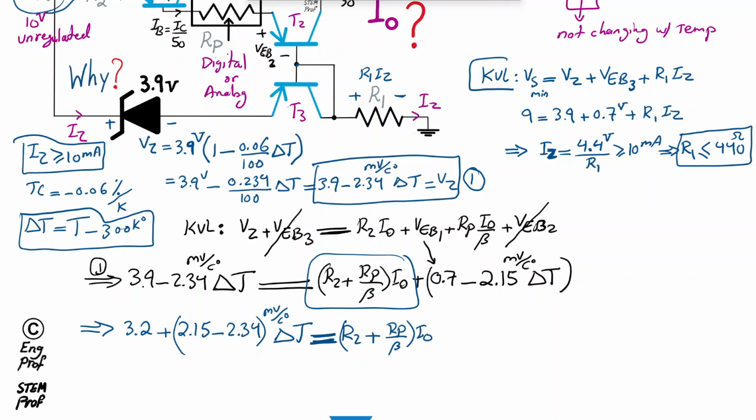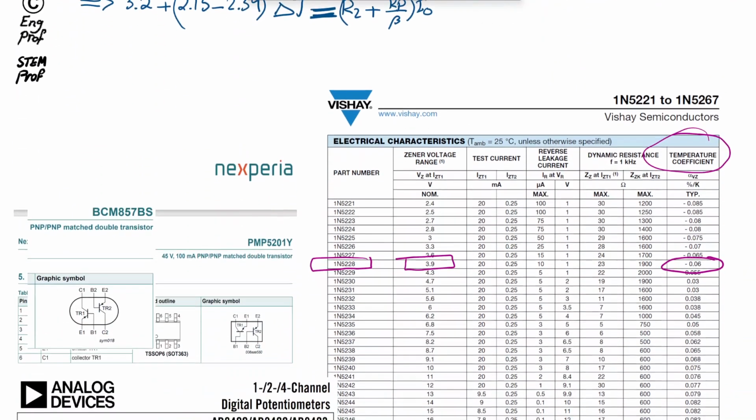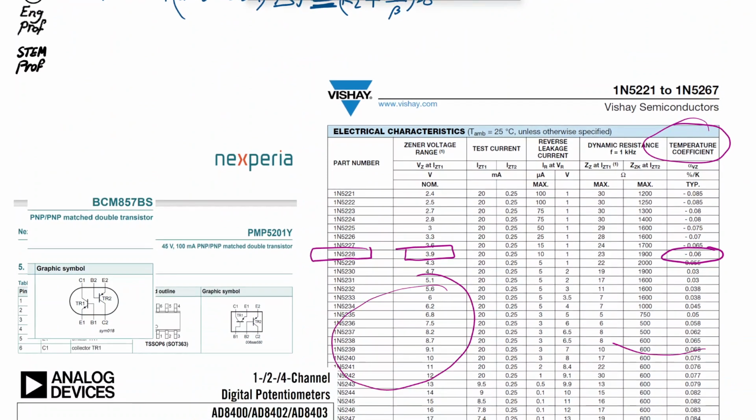Okay, so that was the whole goal, meaning T2 and T3, the emitter base voltage of these two matched PNP BJT transistors, they sort of cancel out each other. So the temperature dependency of these two are compensated by each other. Now, the negative temperature coefficient of BJT transistor 1 effectively is compensated by negative temperature coefficient of the Zener diode that is specifically selected, 3.9 volt. Notice that for other values of Zener diode, we might even end up with positive temperature coefficient that is not helping us, or too much negative temperature coefficient that is not helping us.